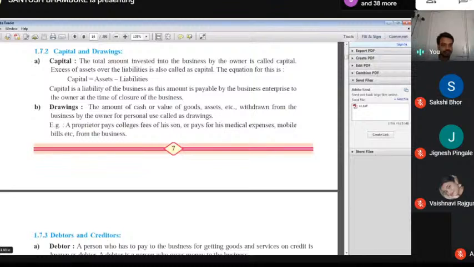Yes, Sanskruti, my voice is coming. Who is the barter? Do you know barter? Do you know non-monetary transaction?